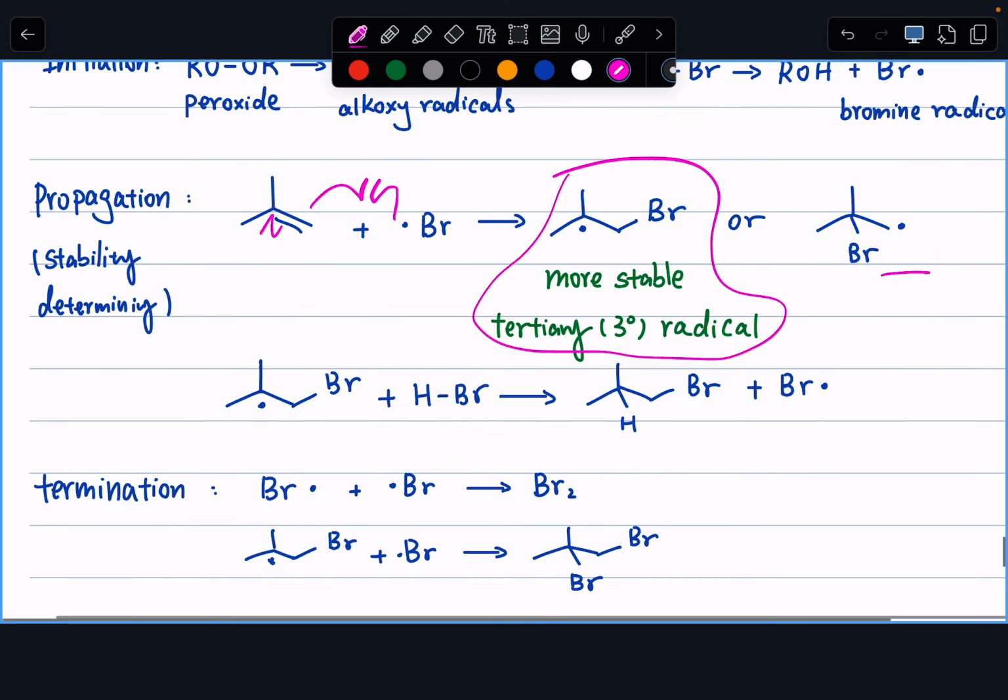In the second propagation step, we form a bond between the hydrogen and the electron goes onto the bromine. And we're generating the product here where your bromine is added onto the terminal position.